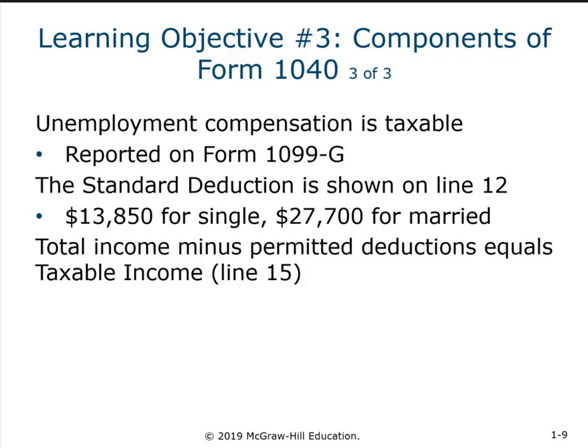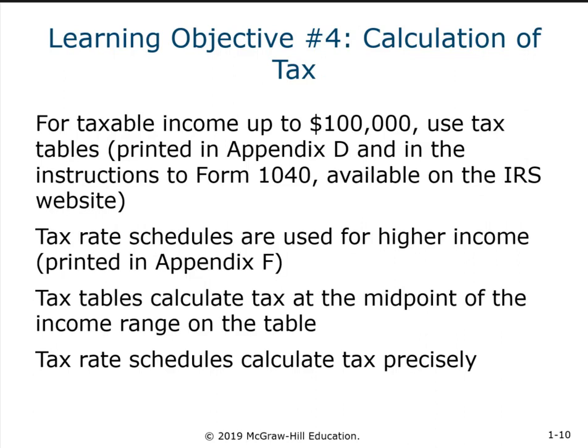And you always calculate the tax liability based on taxable income. So you need to subtract out the deduction, or if the problem tells you that taxable income has already been calculated, then you can go right to the calculation of tax. But it's important to read carefully what is being asked for.